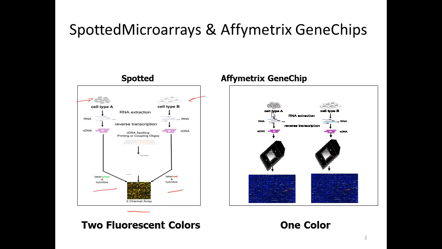For the Affymetrix type experiments, we'll keep the two samples separate, we'll label them the same way, and we'll put them onto different chips and record the fluorescence levels independently. In both cases, we can then calculate a ratio of the RNA expression level between the two samples.